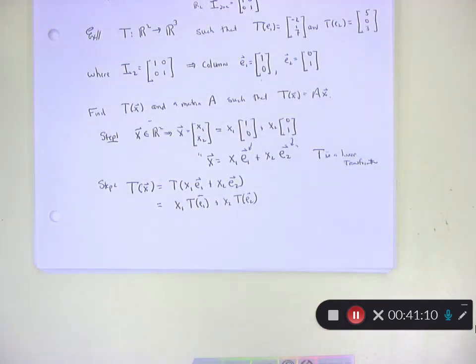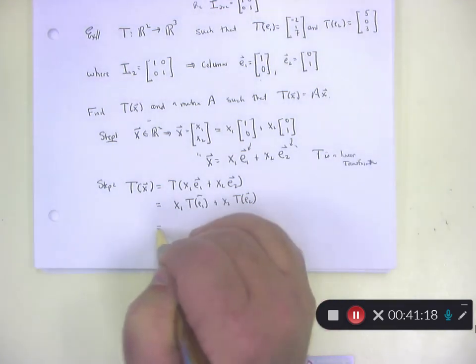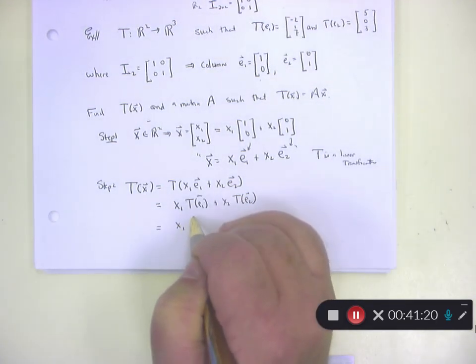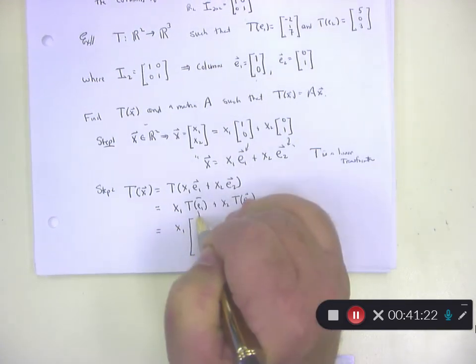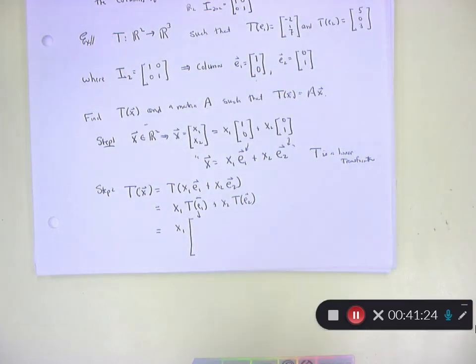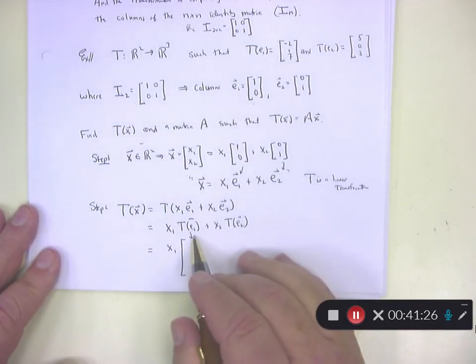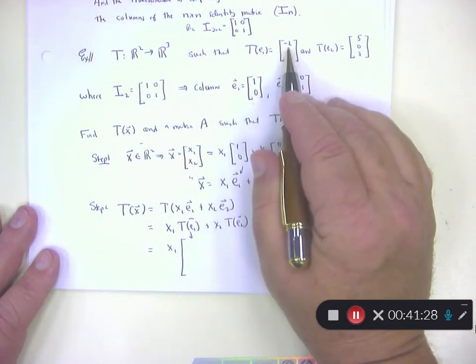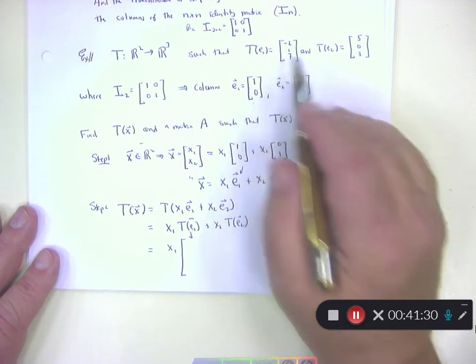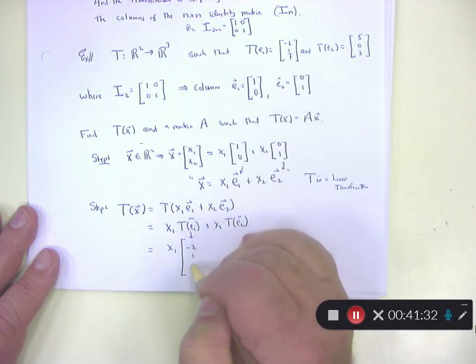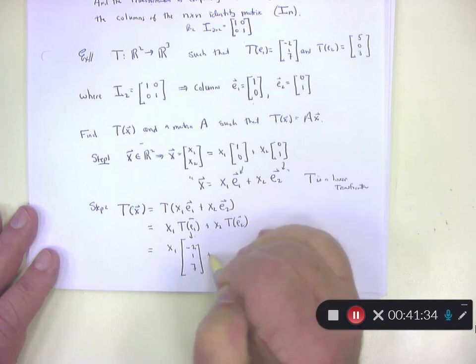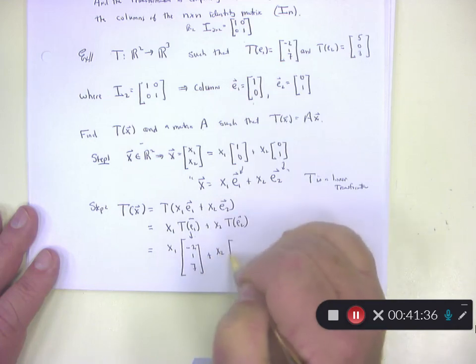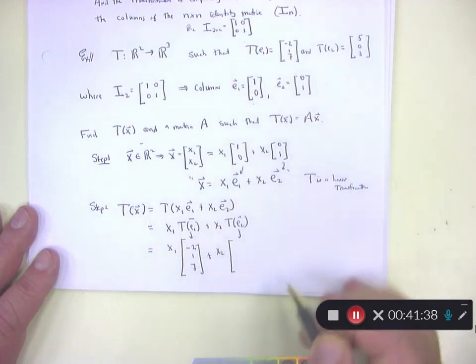See where this is going with our chapter 1.9 stuff here. Okay? This is going to be equal to x1 times, this guy was defined. What was T of e1? T of e1 was the vector (-2, 1, 7). Plus x2 times, what's e2?